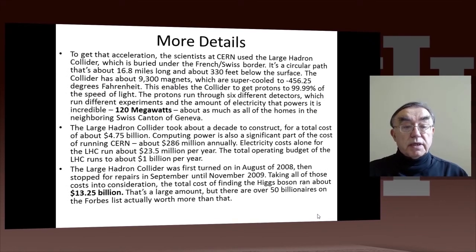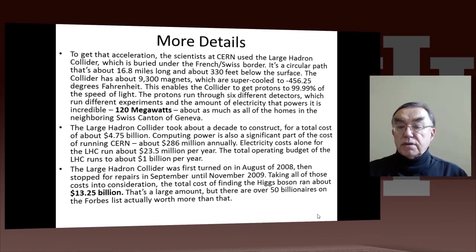So here's a little more detail about the Large Hadron Collider. It's 17 miles in circumference. It's 330 feet below the surface. It has 9,300 magnets, which all use superconductivity. That is a way to get much cheaper high field magnets than you can otherwise.